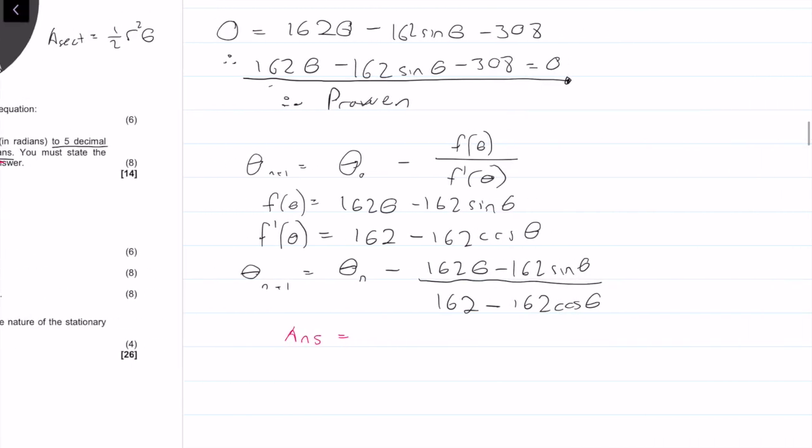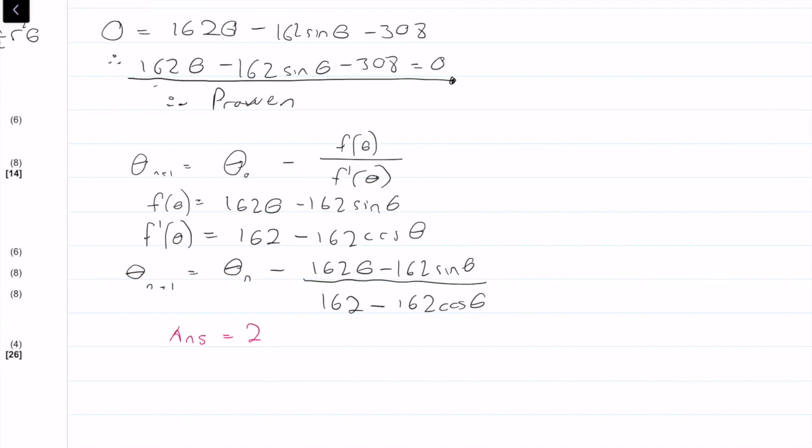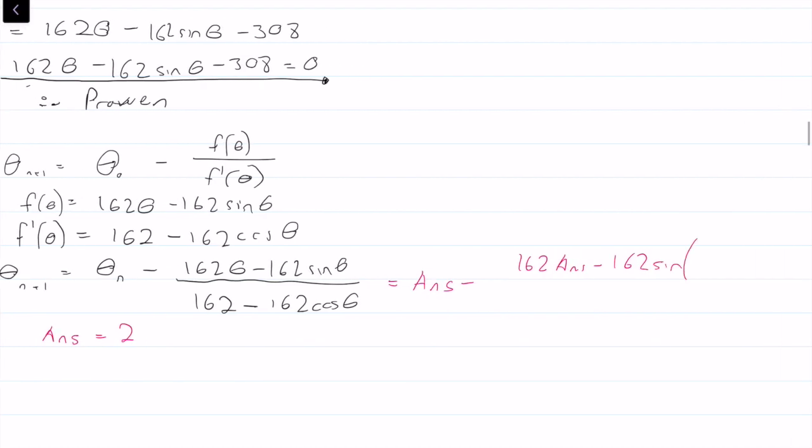Then we write this equation into our calculator, replacing theta with the answer. So into your calculator you need to put: answer minus 162 answer minus 162 sine of answer, over 162 minus 162 cos of answer.